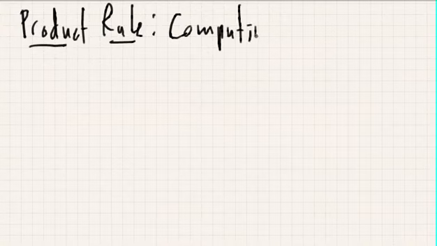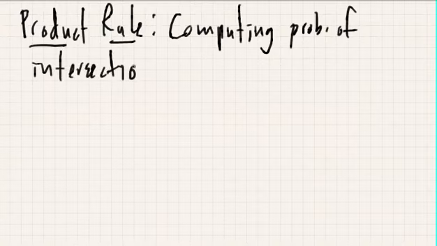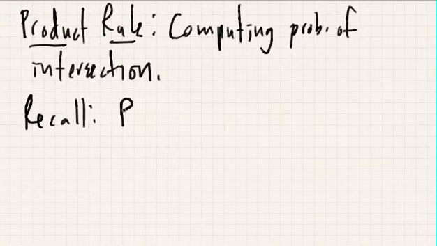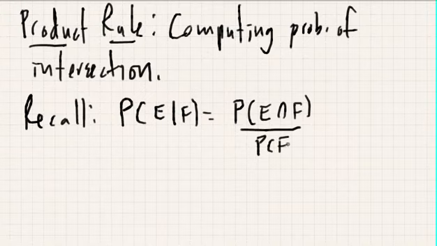This comes directly from the definition of conditional probability. Let's recall that the probability of E given F is the probability of E intersected with F divided by the probability of F.